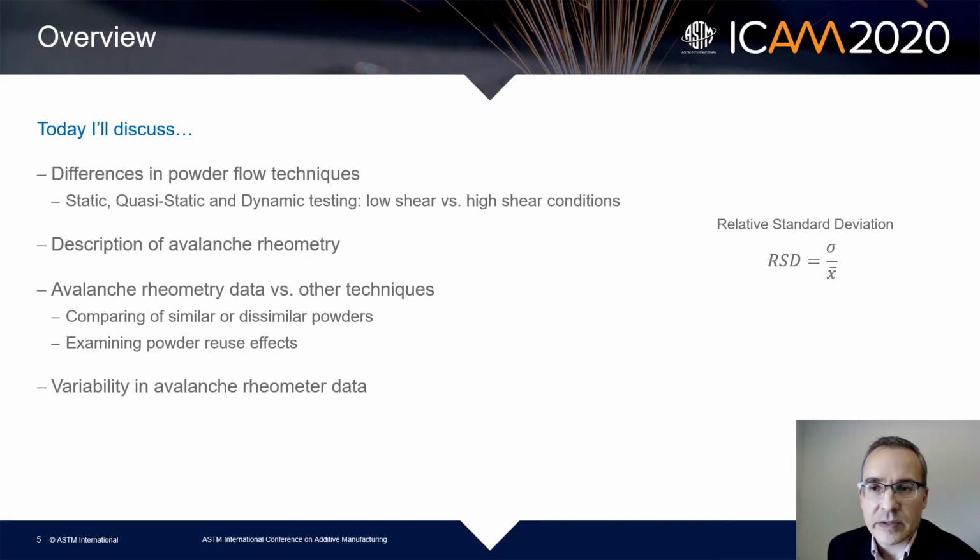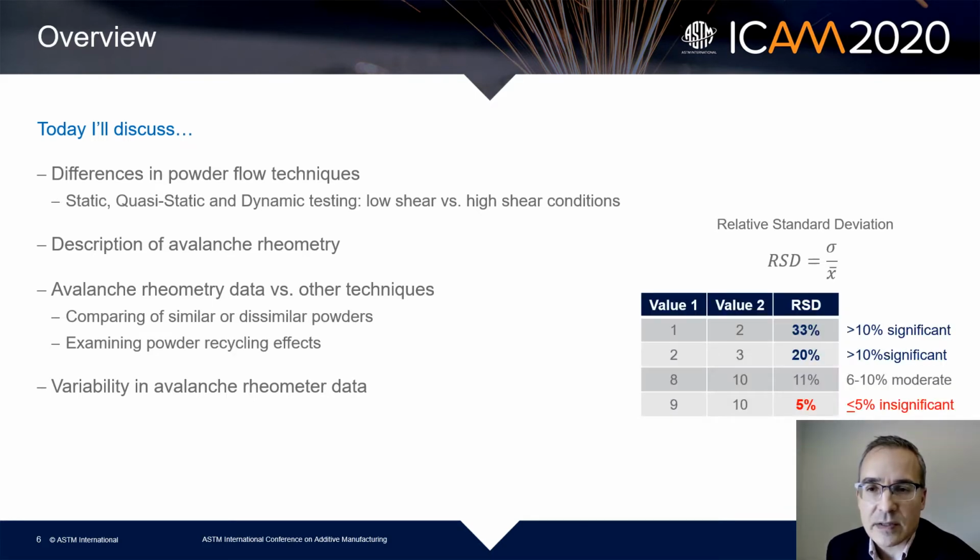I also want to introduce briefly this concept of relative standard deviation that I use throughout these slides. I don't use it in the traditional sense with a large data set, but instead I often use it just to compare two different values.